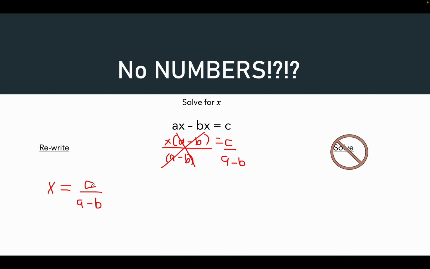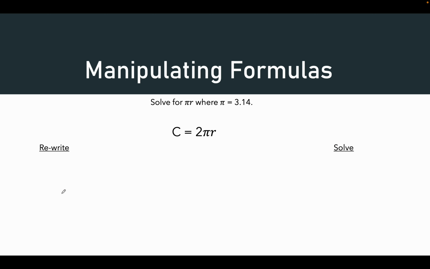So if I know what the C is and the A is and the B is, I can plop in numbers and come up with the X value. Okay? So now let's check out manipulating formulas. That is an example of manipulating formulas, but here is an actual formula that is very common to use. Capital C stands for the circumference of a circle, the distance around a circle.